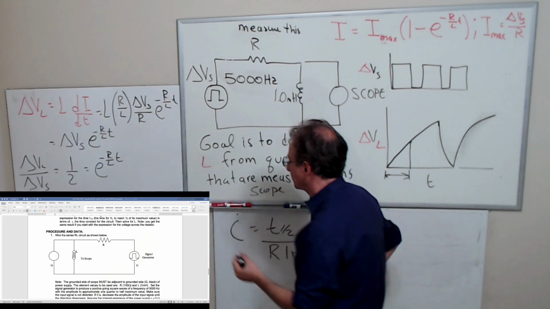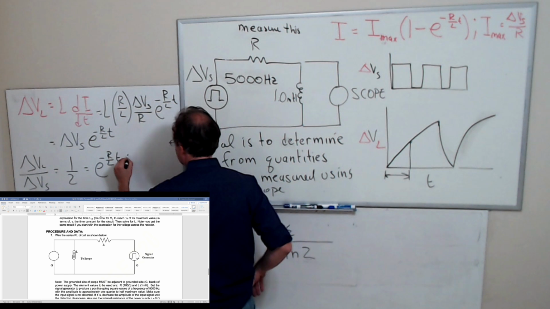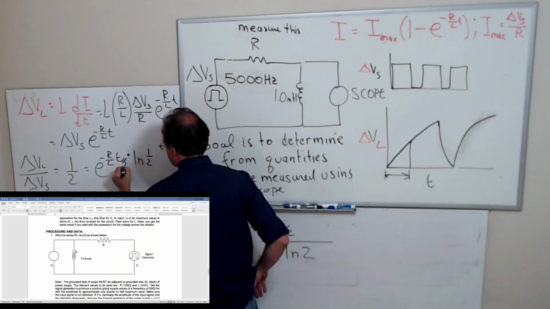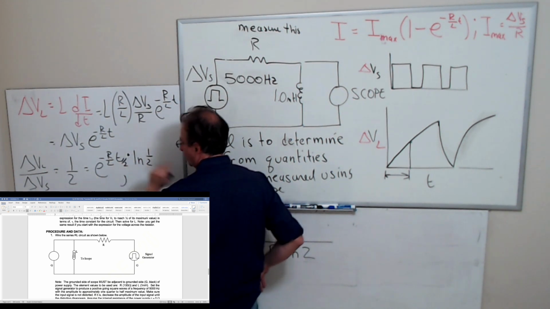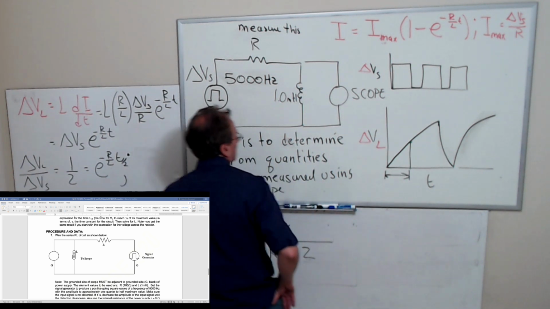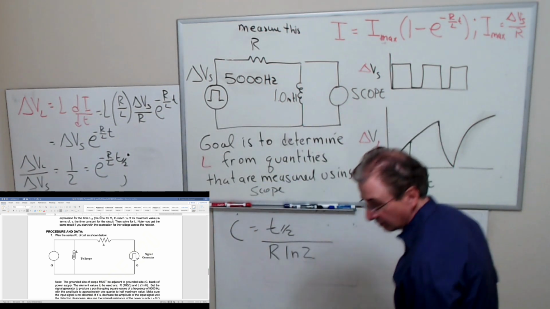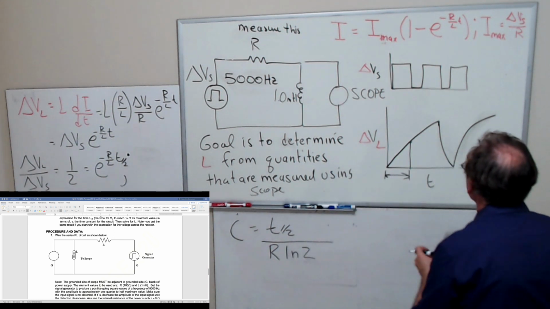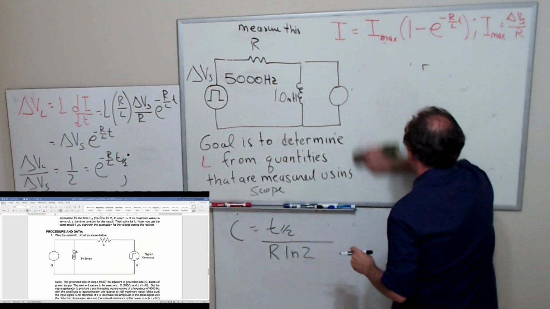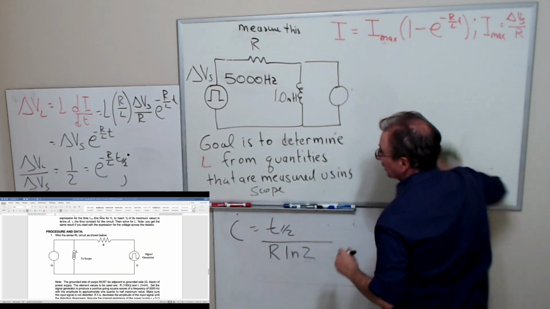Guess what? I'm going to go through the same machinery. I'm going to take the log of both sides. And this is T 1/2 also. When this is 1/2, then I'm going to call this T 1/2. I wish I had a bigger board.